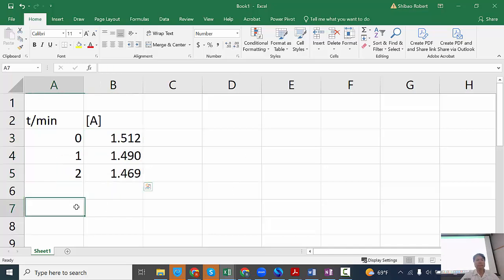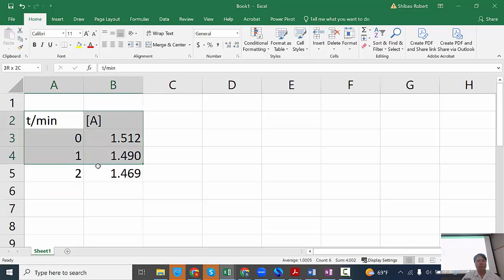All right. That's run 1, and then run 2. I'll just copy this.